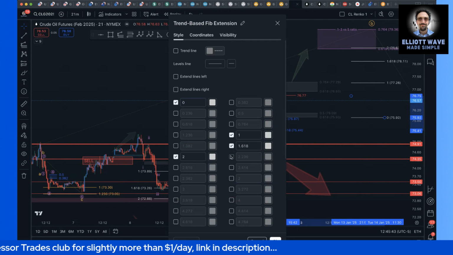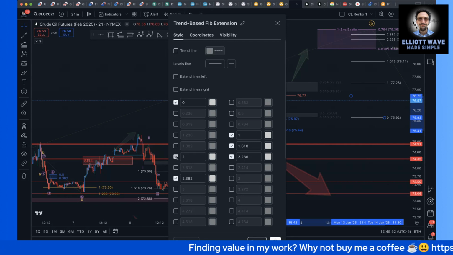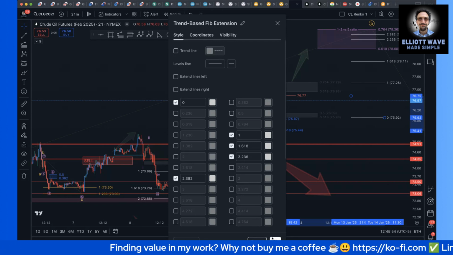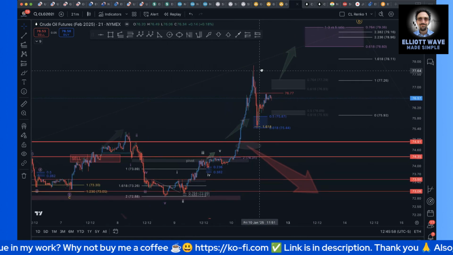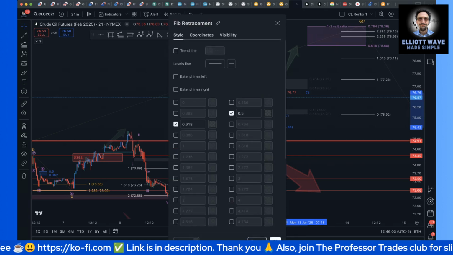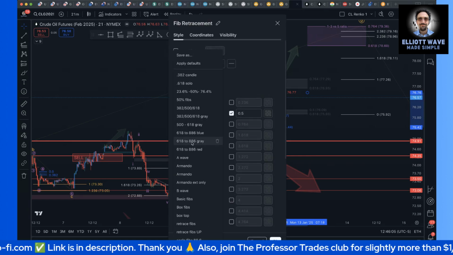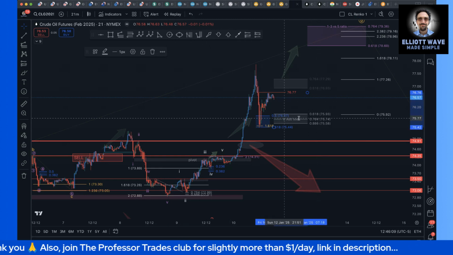And the extensions 236 and the other one, 2382, come in inside of that ratio box. So if this is going to get another high, it's going to hold. Now this is realistic. Maybe it's going to hit the 618 to the penny and bounce, but this zone.